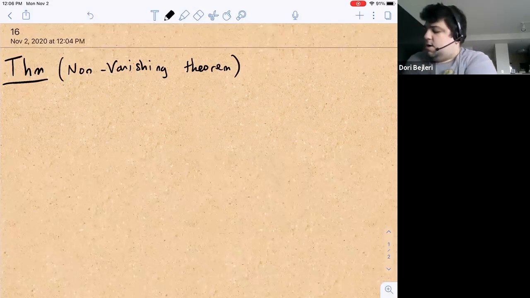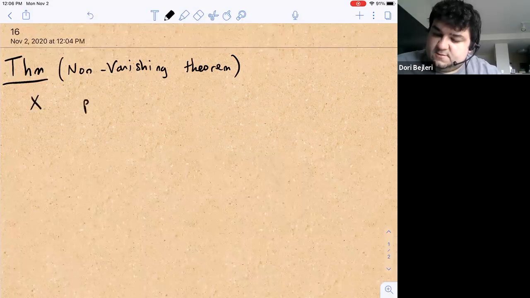So let's say that X is projective, D is nef.